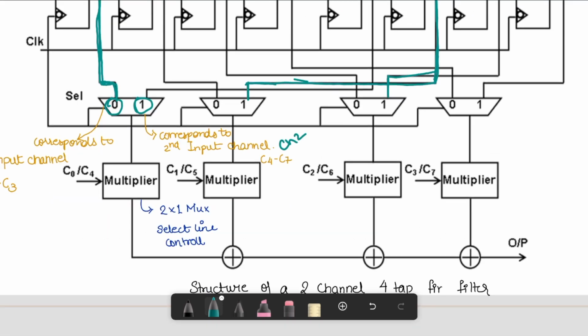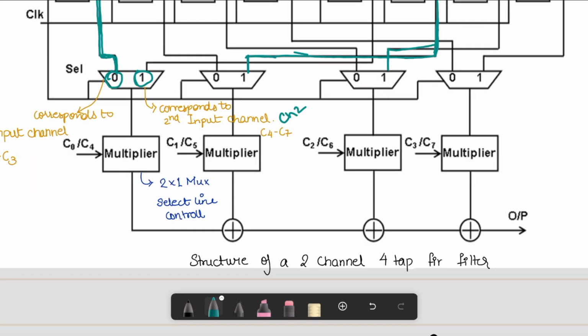Next, there is a 2 into 1 mux select line that does the accumulation for us.